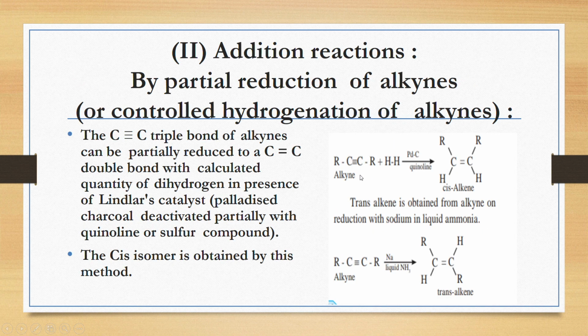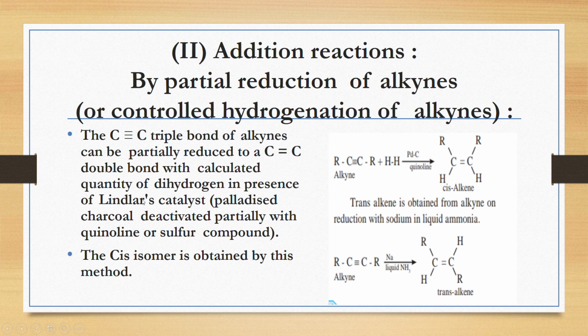Now let's see the addition reactions by which alkenes are prepared. That is by partial reduction of alkynes or controlled hydrogenation of alkynes. The carbon-carbon triple bond of alkynes can be partially reduced to a carbon-carbon double bond with a calculated quantity of dihydrogen in presence of Lindlar's catalyst.